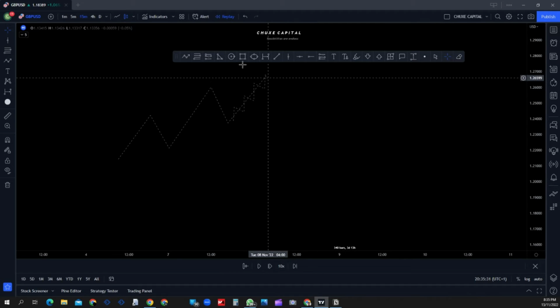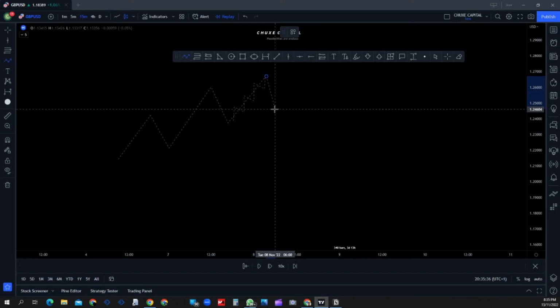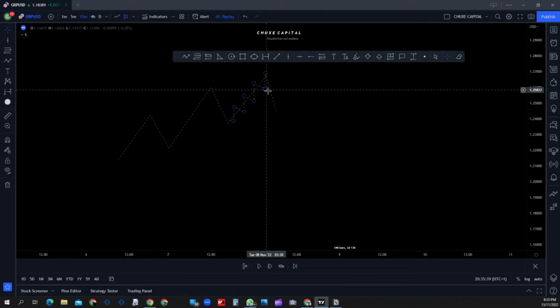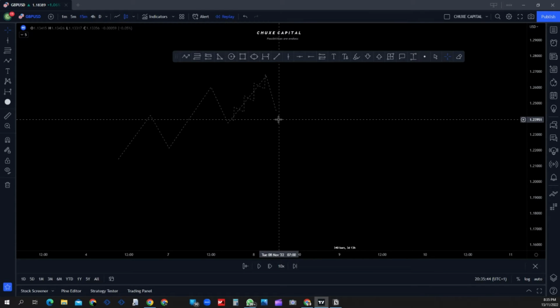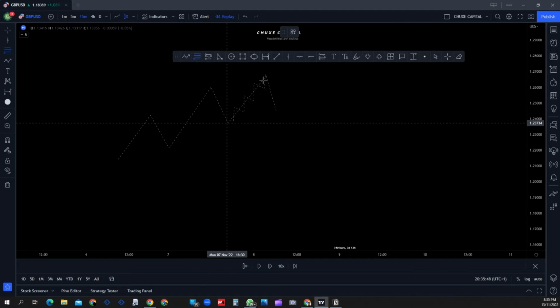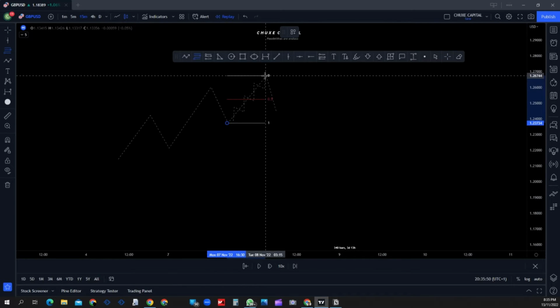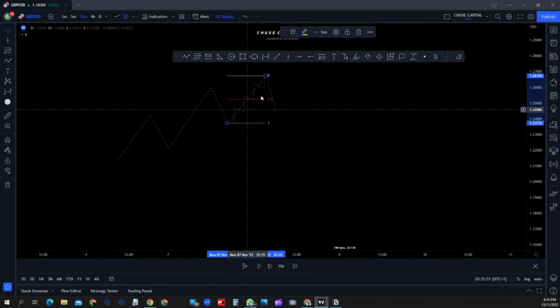Let's say when we start having a pullback on the 4 hour, what that means is that somewhere on the 15 minutes there'll be a change of character, and then we'll know we're going bearish. And also bearing in mind premium and discount, we know where we are in price.